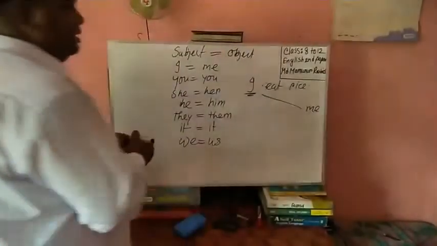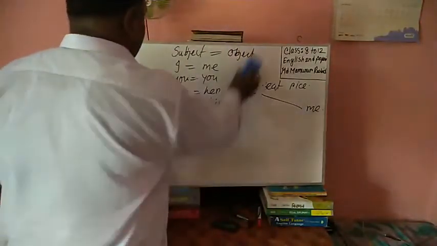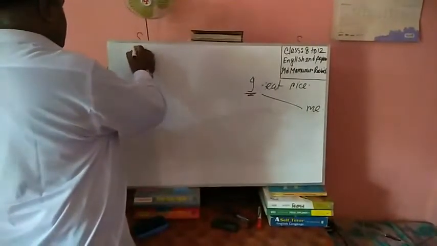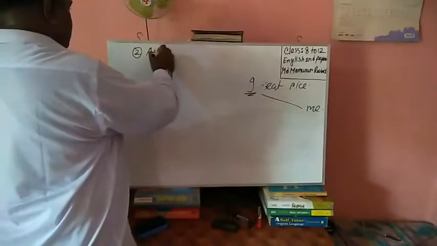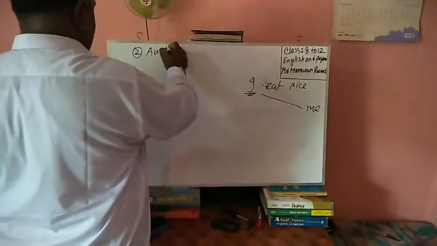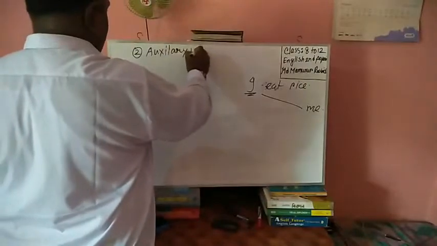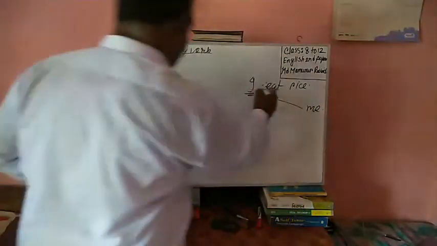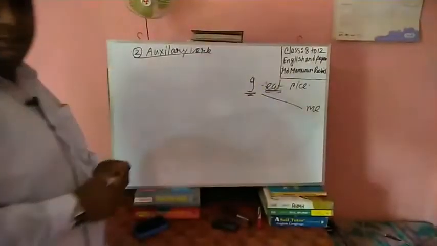The first one is done, and then the second one, the auxiliary verb. How will we add the auxiliary verb? So here the verb is eat.